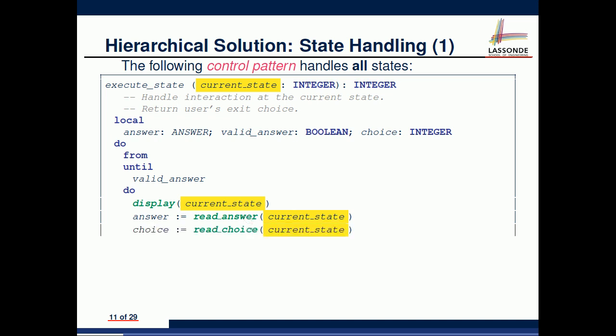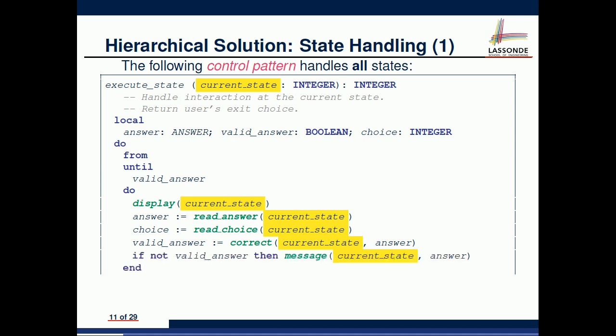After that, let's say we are done. So where would you like to go next? The user might say, I want to go to state number 4. In that case, it may be valid, may not be valid, depending on what the current state is. And then we're going to validate their answer, whether the credit card is actually valid or whether their return date and departure date are valid. Depends.